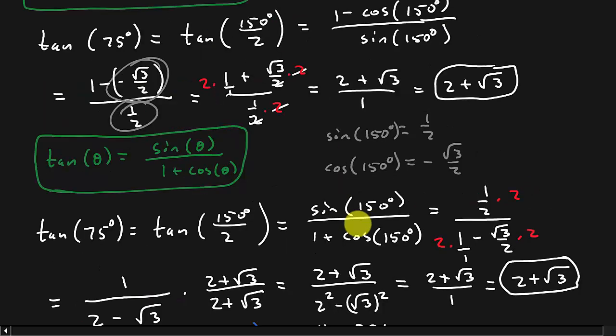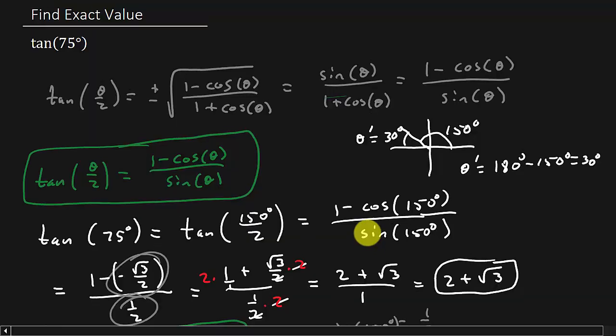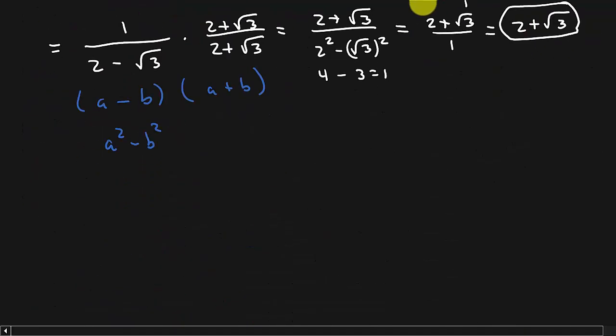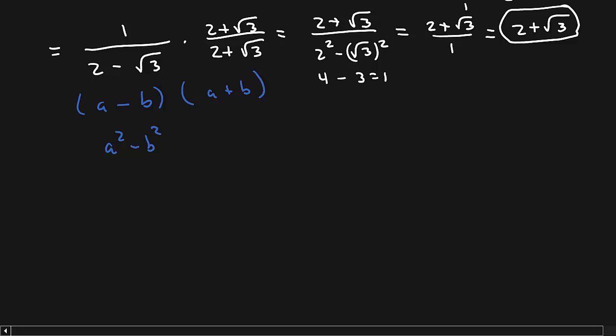All right. Now, let's use this last one here. Let's see what we get here. So now we're going to use tangent theta over 2 is equal to plus or minus the square root of (1 minus cosine theta) over (1 plus cosine theta).